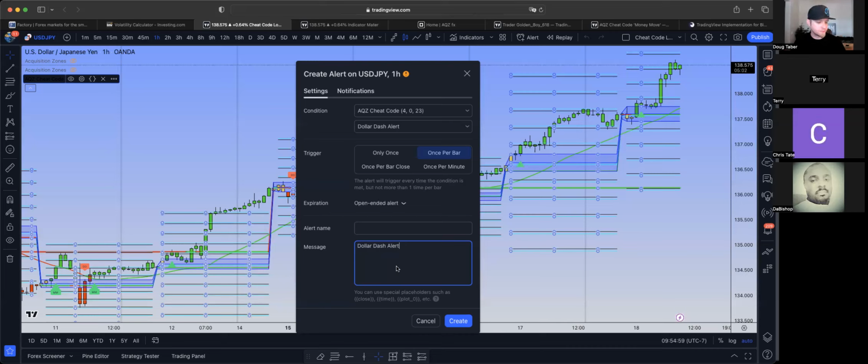In the settings of your smart device, go to notifications, go to TradingView, and make sure that your notifications are set for banners, sounds, and badges.